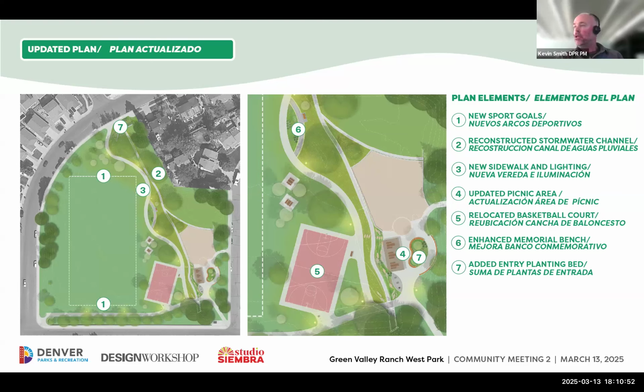And then trees. With reorienting the court, and maybe Peter can pan over to where the court is, we are going to have to remove 2 trees in that location to reorient the court. But we are going to mitigate by planting additional trees. I don't know the number totally offhand, Peter, maybe you do.